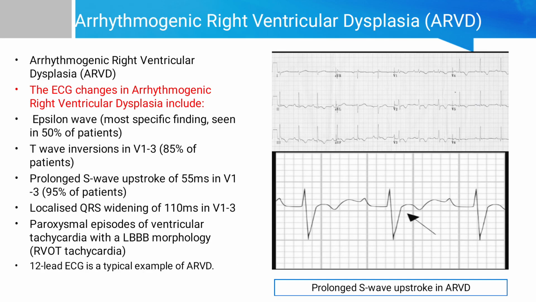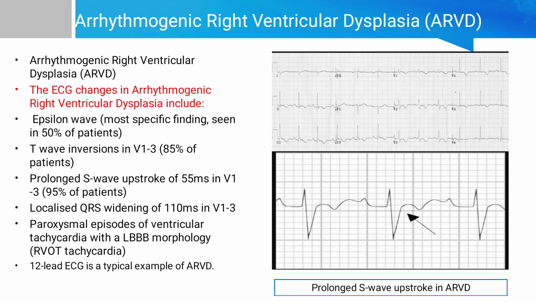A few words about arrhythmogenic right ventricular dysplasia. The ECG changes include epsilon waves, which are the most specific finding, seen in 50% of patients. T wave inversion is seen in V1 to V3, in 85% of patients.